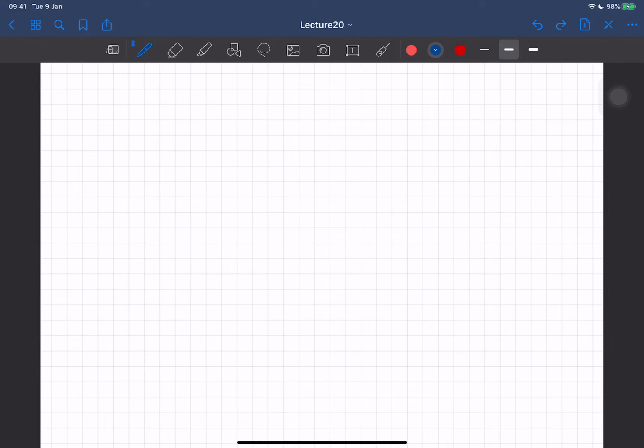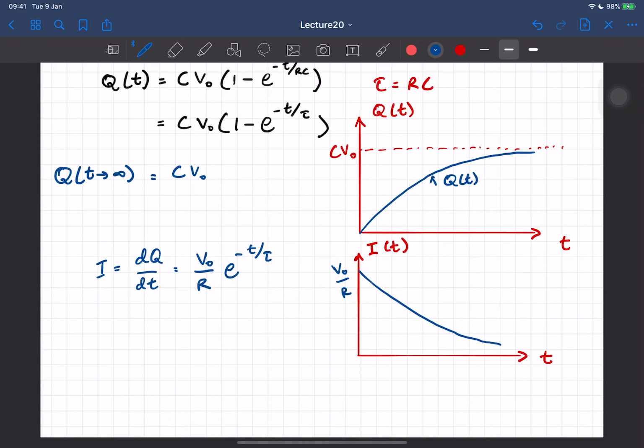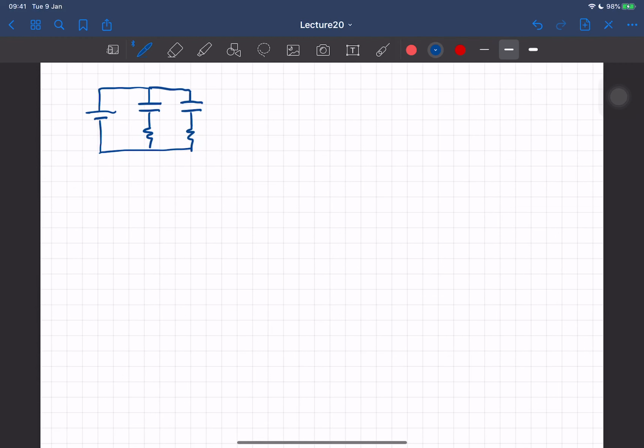Let's say we have a battery here, and we have two capacitors in parallel like this. Okay.